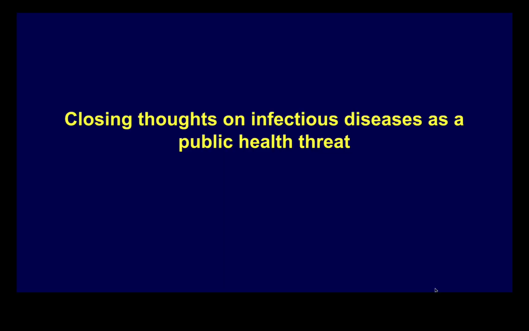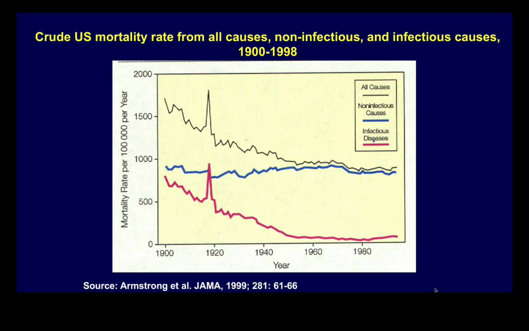Okay, I just want to end with a few closing thoughts on infectious diseases as a public health threat, given where we are coming nearly 3 years into the COVID-19 pandemic. This was a slide earlier in the lecture that really shows how infectious diseases became less and less of a threat over time during the 20th century.